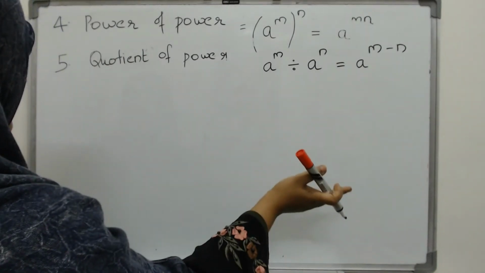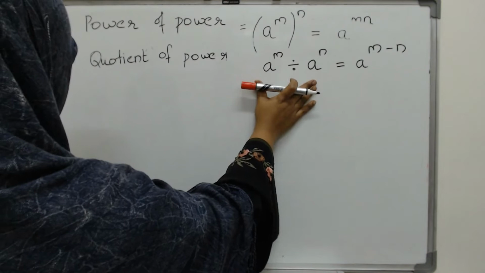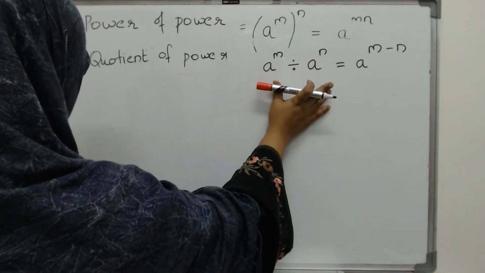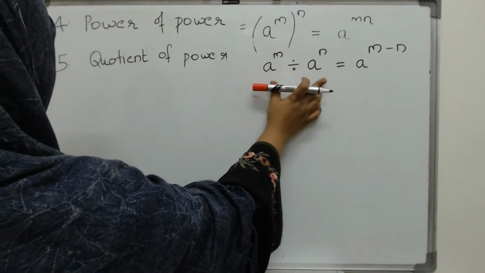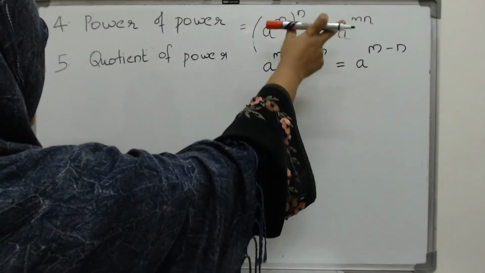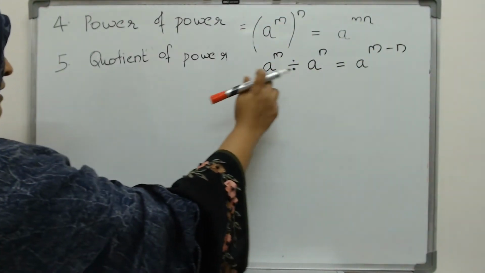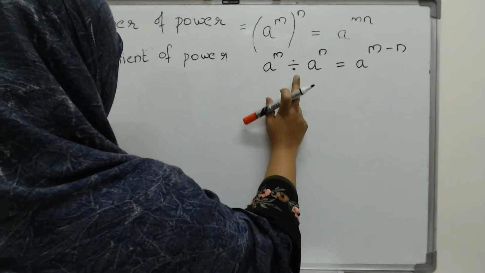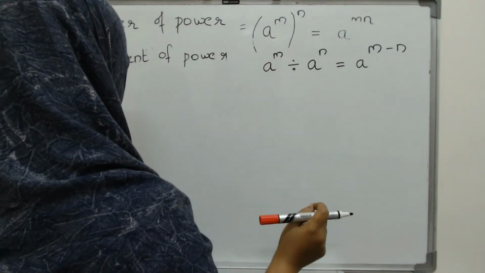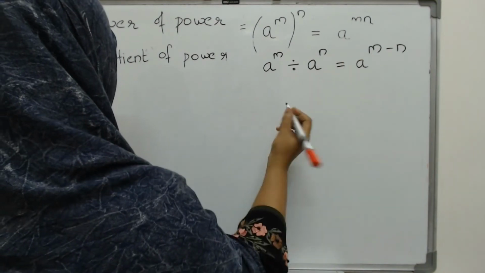So what does that state? You have a quotient of two numbers where the bases are the same but their powers or exponents are different. Then a raised to m divided by a raised to n is equal to a raised to m minus n.